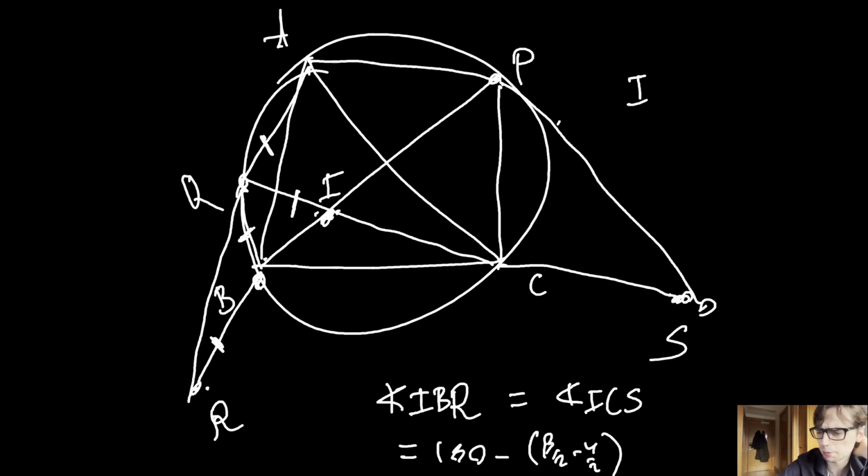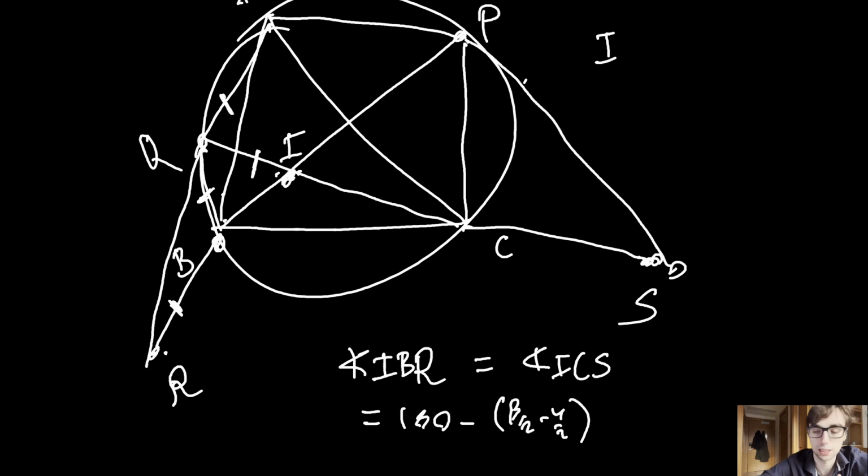It's just what it feels like, but I think also because this whole thing is 180 minus gamma, so this angle here is 180 minus gamma half. We have this angle is beta half, so this must be 180 plus gamma half minus beta half, which is exactly what this is. So we have these angles are equal, and we can easily show it. I mean, I just did.